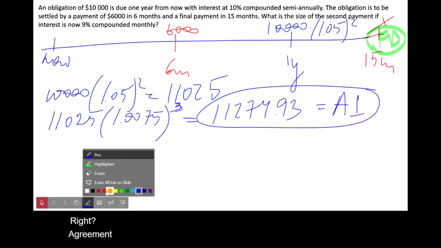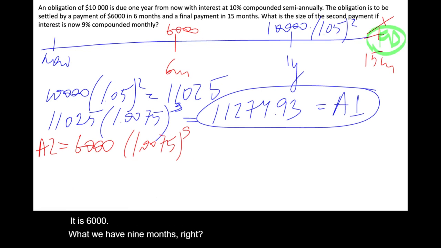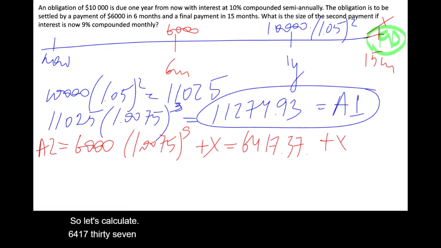Agreement 2, it is 6,000. What we have 9 months, right? Plus X. So let's calculate. 6417.37 plus X. So far, guys, any questions?